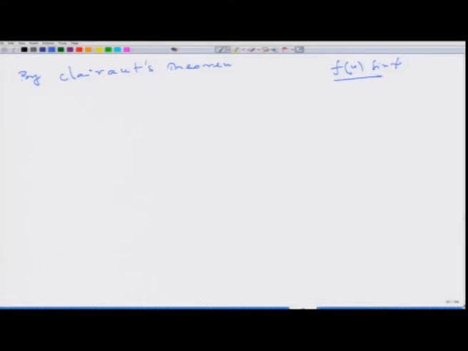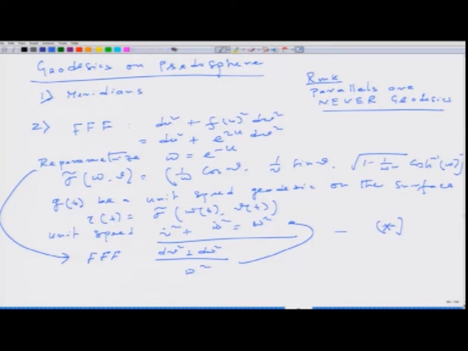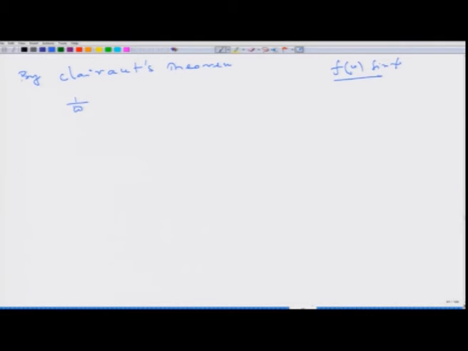Now the distance is 1 by w, because fu is e power u, and I have put w equal to e power minus u. So, 1 by w sin psi equal to the angular momentum, and that must be constant.